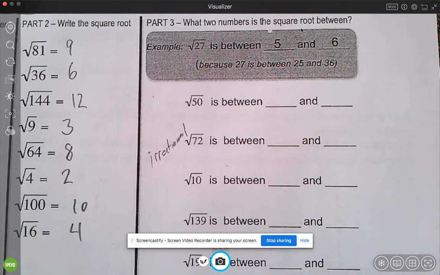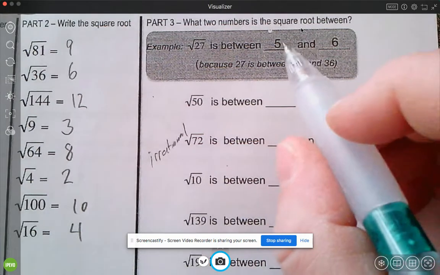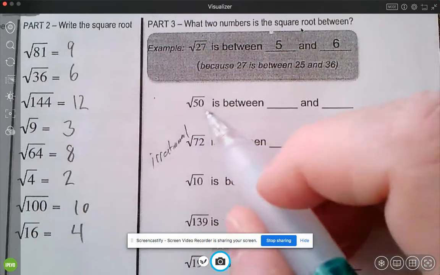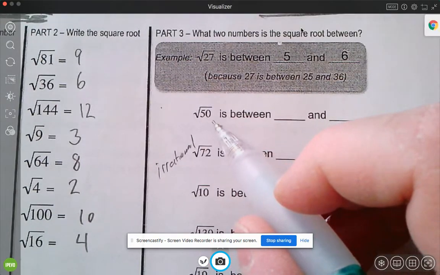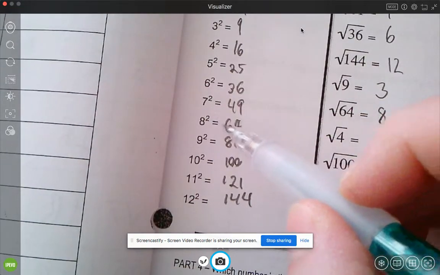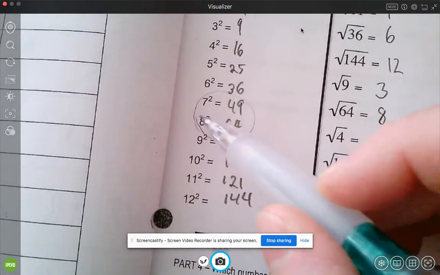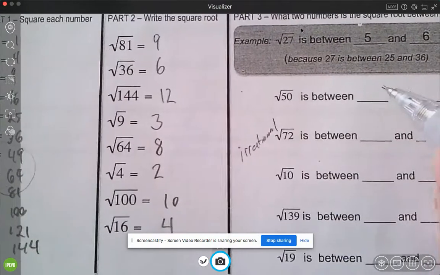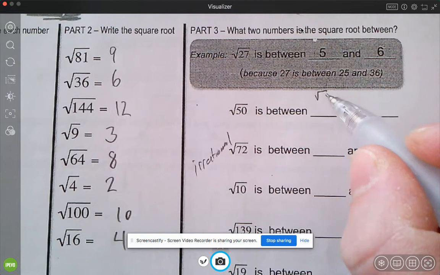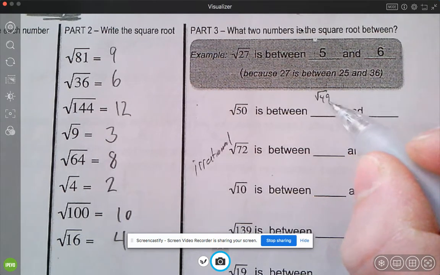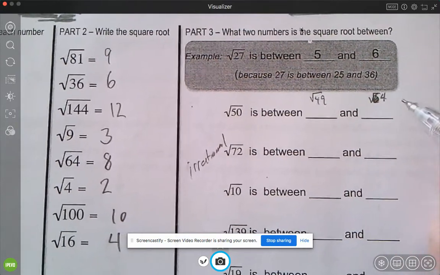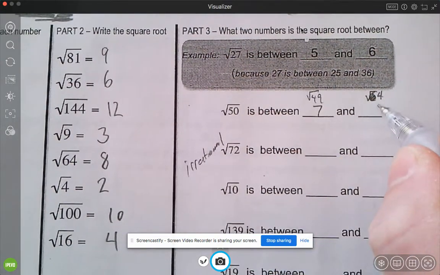To get an estimate, you have to figure out what two square roots it's between, or what two numbers it's between. So the square root of 50, if we look on our chart here, is right around here. So you would say it's between the square root of 49 and the square root of 64, which is of course 7 and 8.